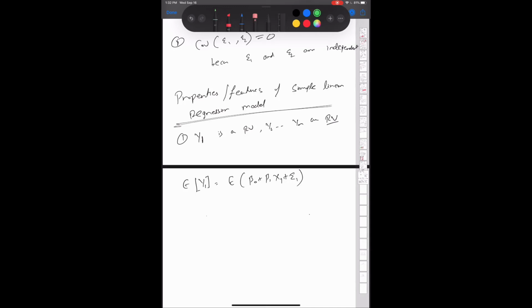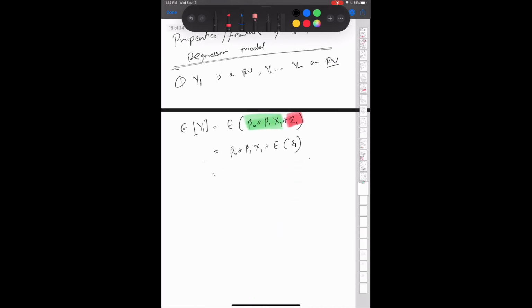The fixed quantities are beta 0 plus beta 1 x1, and the random quantity is epsilon 1. When you add a constant to a random variable, the expectation gets added by that. So it's beta 0 plus beta 1 x1 plus the expectation of epsilon 1. What is the expectation of epsilon 1? Epsilon 1 is a mean 0 random variable with variance sigma square. So the expectation of y1 is beta 0 plus beta 1 x1.